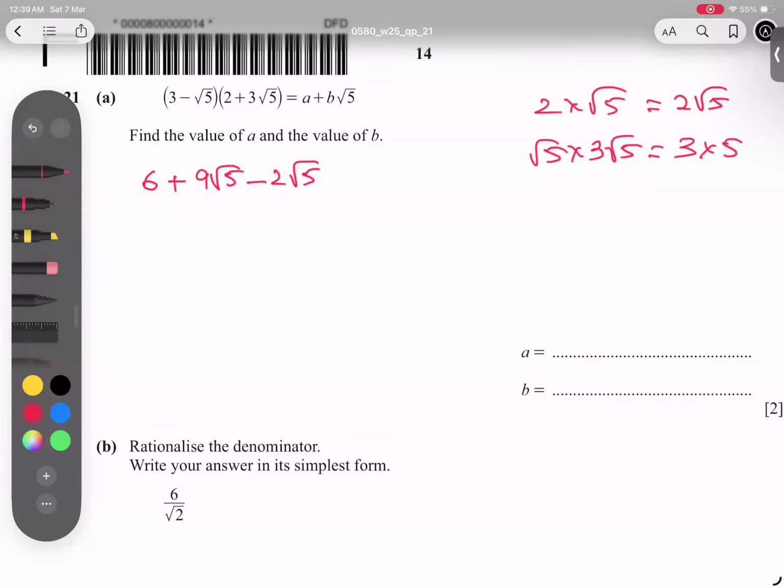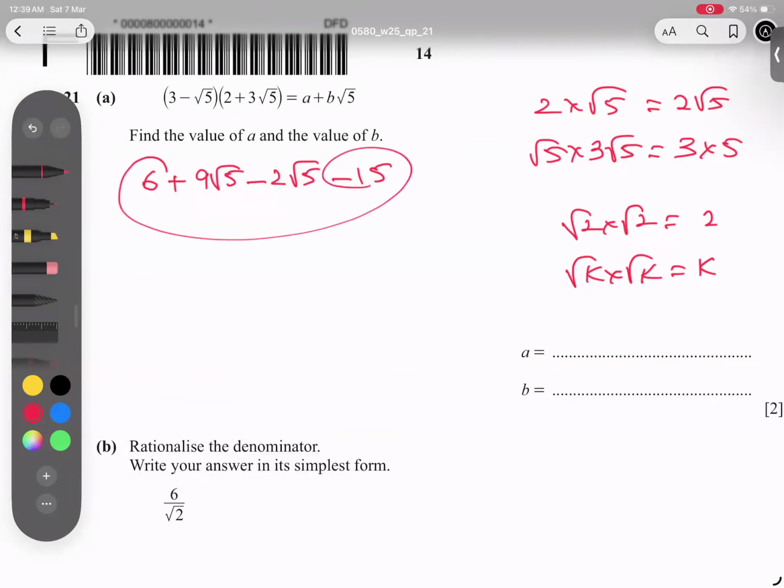I repeat, root 2 times root 2 is 2. Root k times root k is k. So root 5 times root 5 is 5. So 3 5s are 15. I'm getting a sign negative into positive, negative. Be careful. Now this 6 and negative 15, subtract, I get a negative 9.